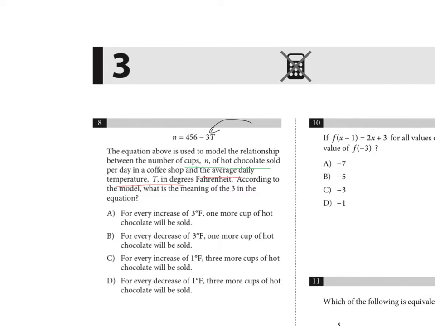So one of the ways you can go about doing these problems is just to start choosing values for one of the letters and figure out what happens to the other letter. So I know, for example, the temperature is T in degrees Fahrenheit. So let's say it's 90 degrees. Let's say T is equal to 90. What is N? How many cups of hot chocolate will they sell?